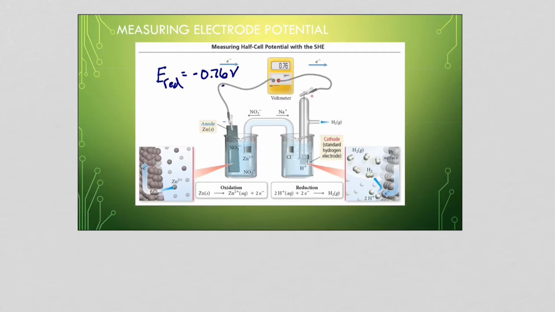Negative because it has a lower tendency toward reduction, and 0.76 volts because that is the amount of potential difference we see between these two cells. So that's how all of these reduction potentials were generated.